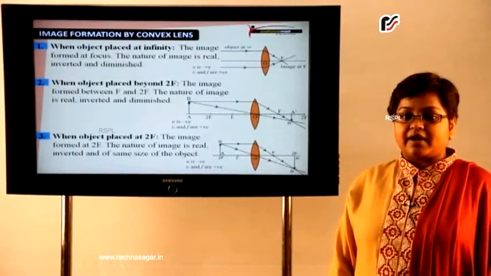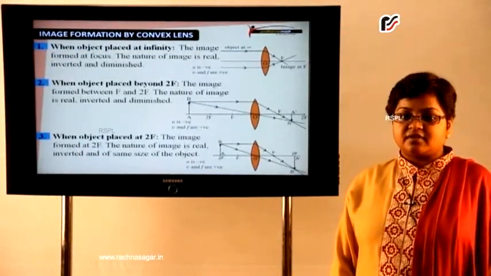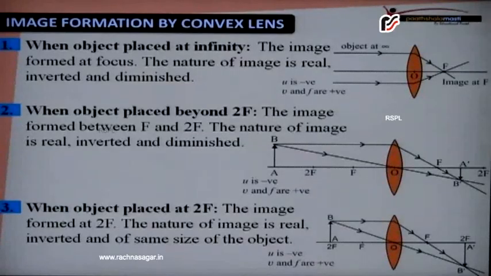Image formation by a convex lens. First case, when the object is placed at infinity. There is a convex lens. The rays are coming parallel from infinity. After refraction, they meet at the focus here. The nature of the image is real, inverted and highly diminished, or we say point in size.